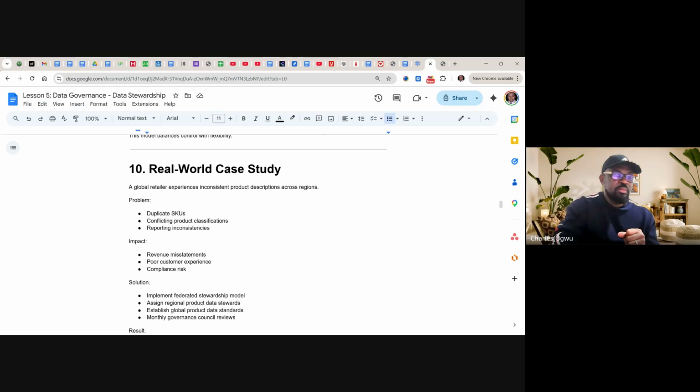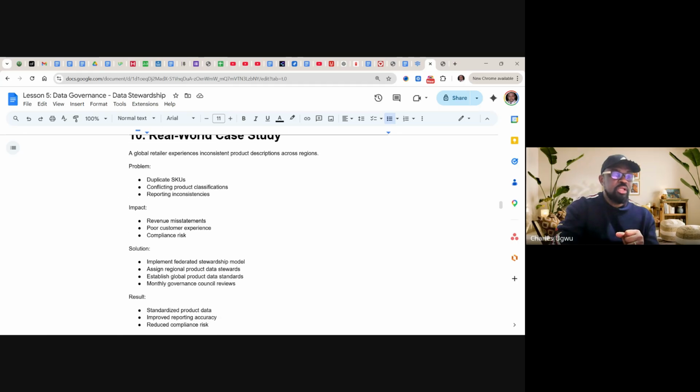And when a very good stewardship is implemented, you see here what is implemented is a federated stewardship model: assign regional product data stewards, establish global data standards, and then a monthly governance council review.